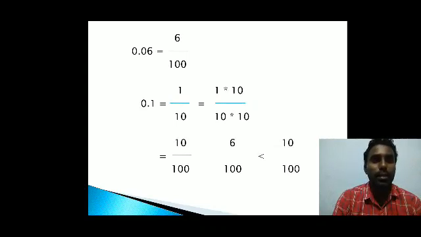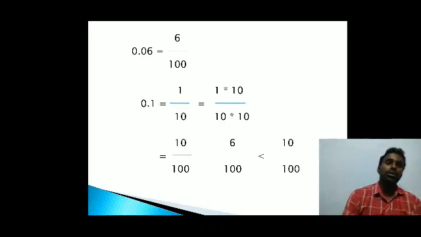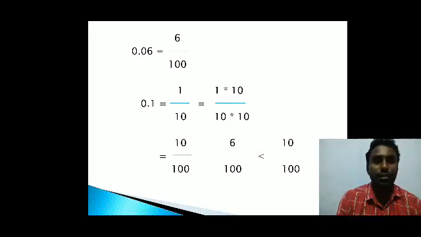If we multiply the numerator and denominator of 1 by 10 by 10, we get the denominator as 100. So 1 into 10 is 10 divided by 100, and the other is 6 divided by 100. Now we can compare easily: 6 divided by 100 is lesser than 10 divided by 100.